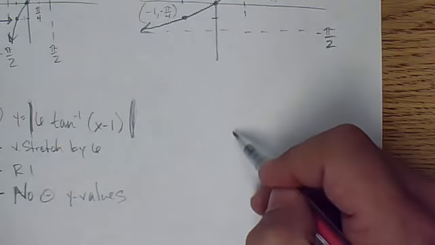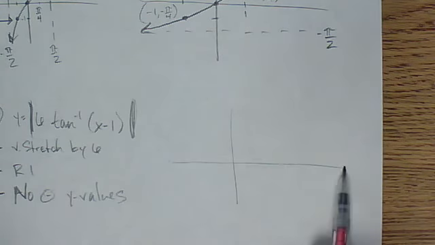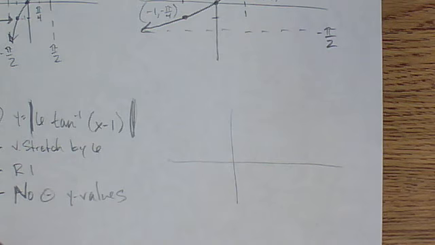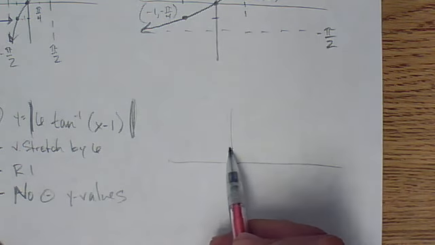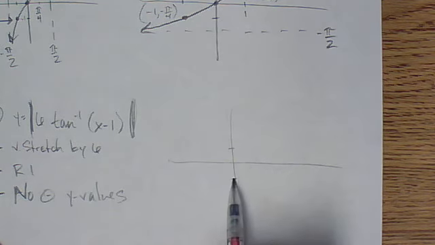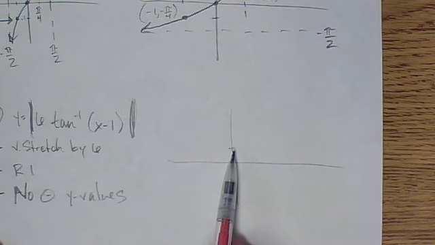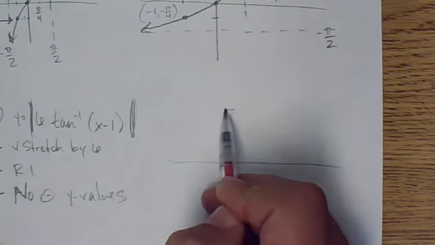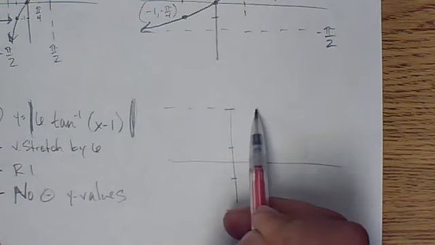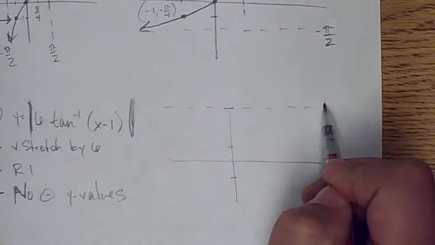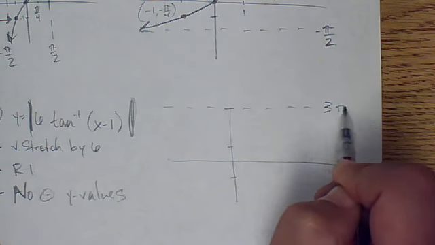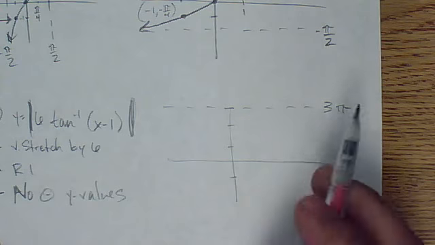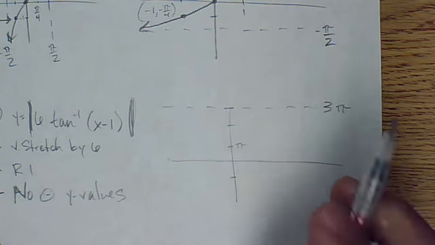Alright. So if this one's at negative pi over 2, the two horizontal asymptotes are at negative pi over 2 and pi over 2. If I stretch those by 6, they're going to go all the way up to 3 pi this way. So we'll say this is pi.